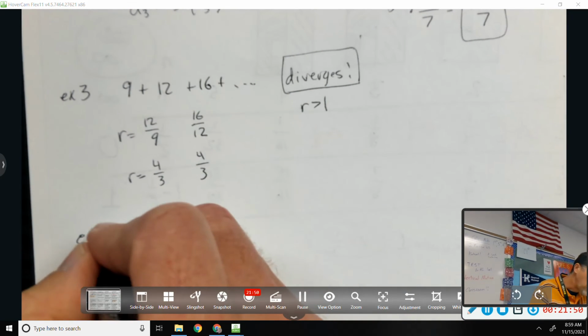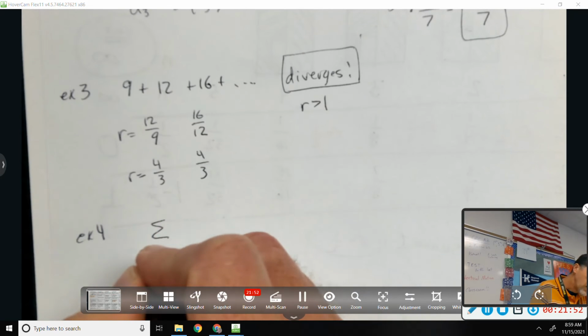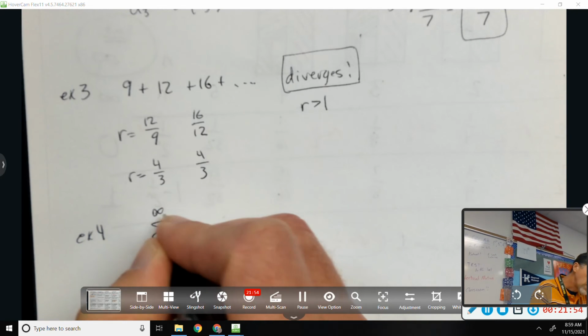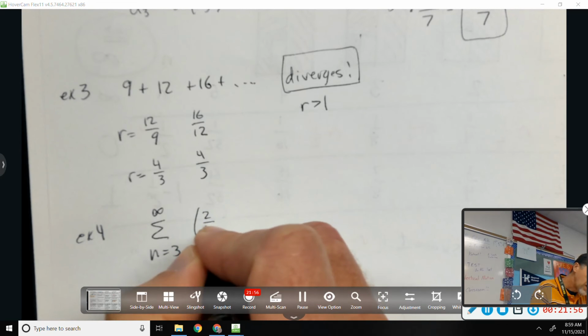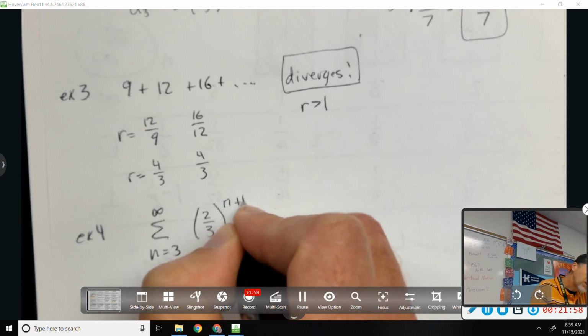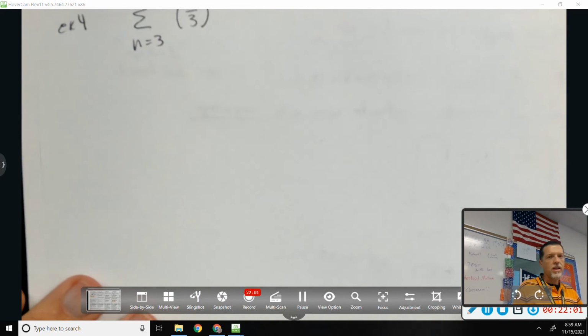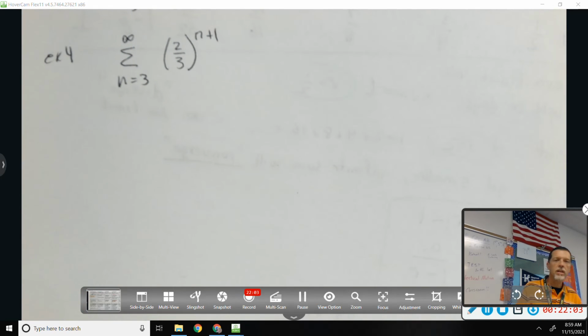Let's do one more. Sum from n equals 3 to infinity of (2/3) to the n plus 1. Well, I think it's smaller.